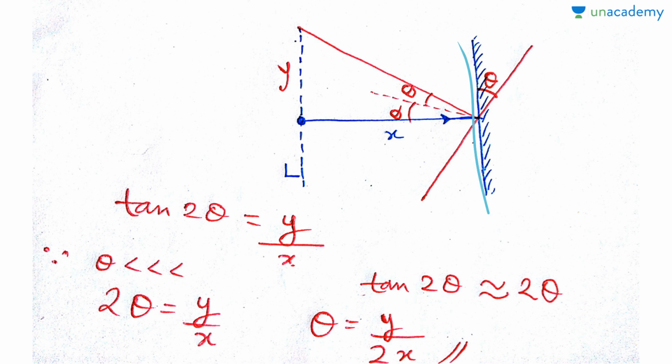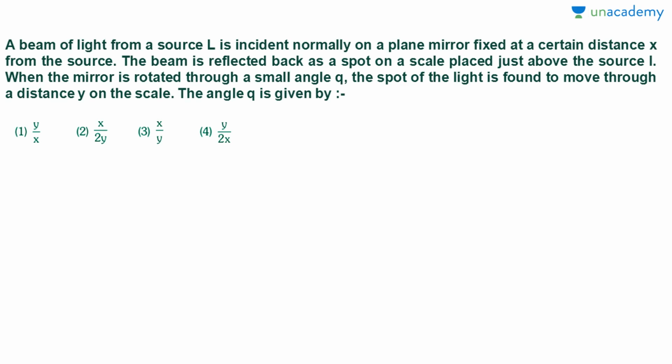But now if this mirror is rotated by an angle theta, the same spot that was earlier found here is now formed here, and this deviation is y. So he is asking us for the angle theta. One more thing to note is that the angle given is small.